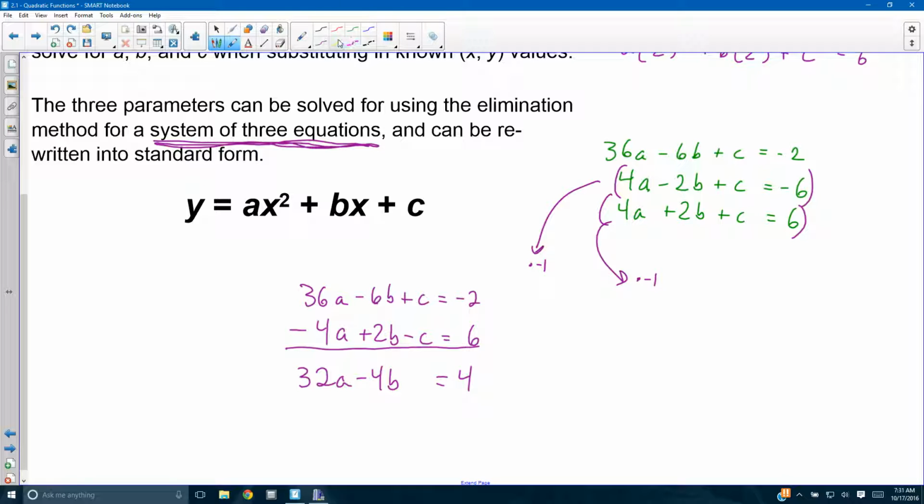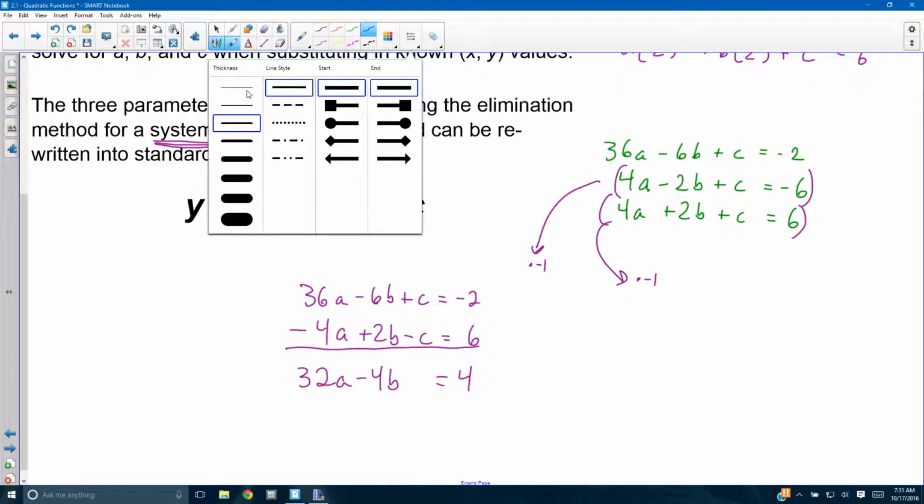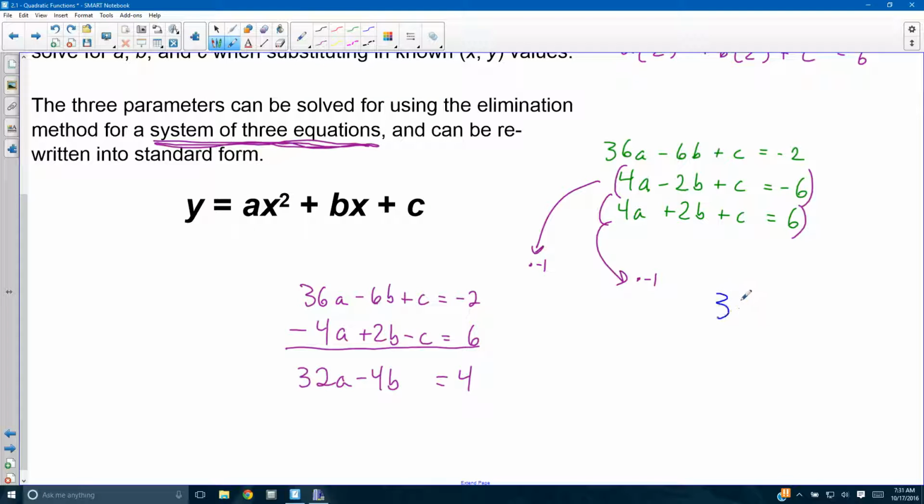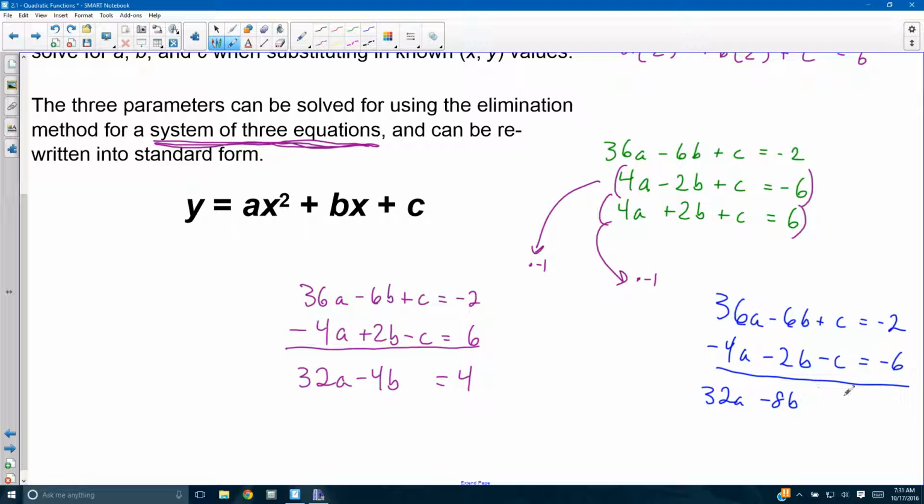In this one right here, I get another opportunity: this will be 36a minus 6b plus c equals -2. And then -4a minus 2b, looking at the bottom equation multiplied by -1, minus c equals -6. So right here, we're going to get 32a minus 8b plus 0, of course, equals -8.